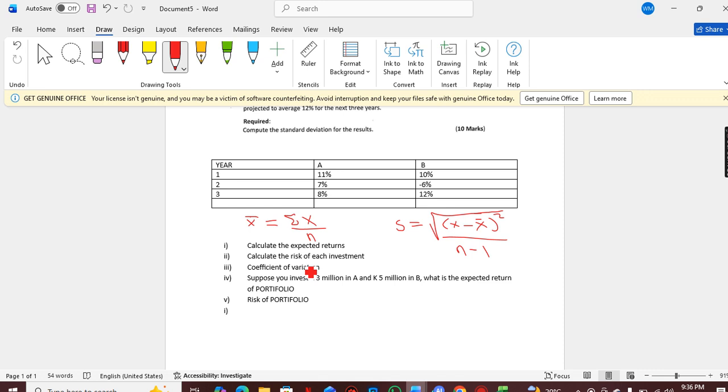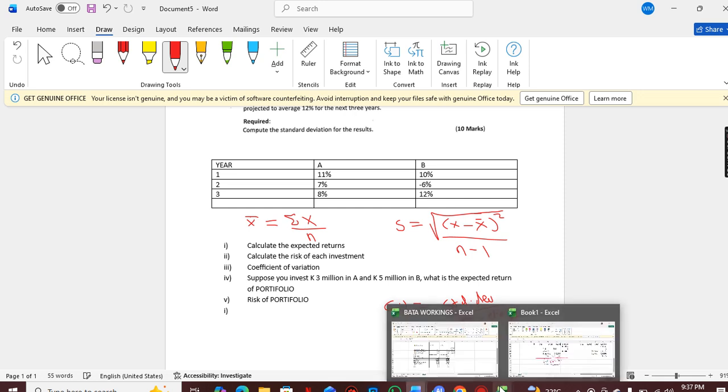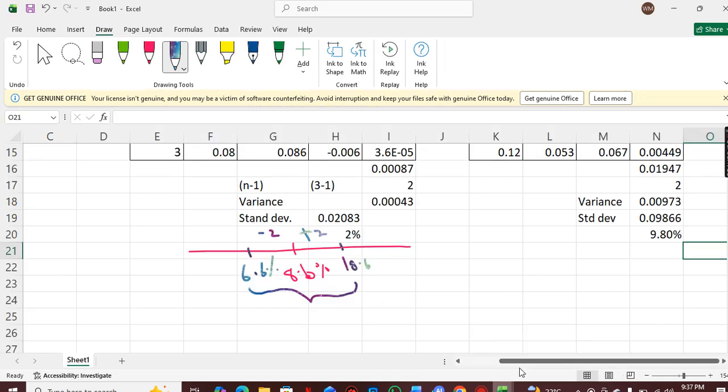The coefficient of variation, CV, is just your standard deviation over the average.